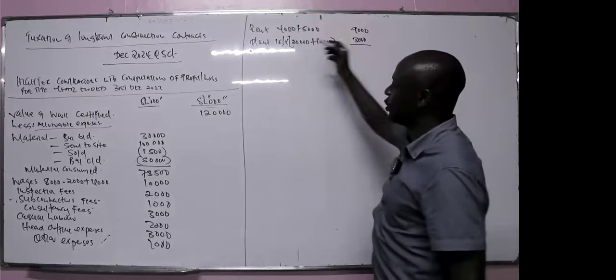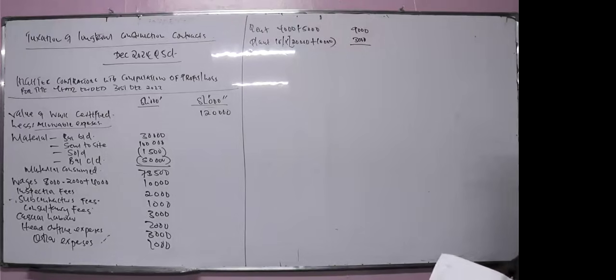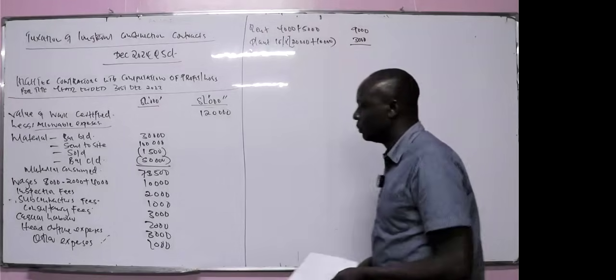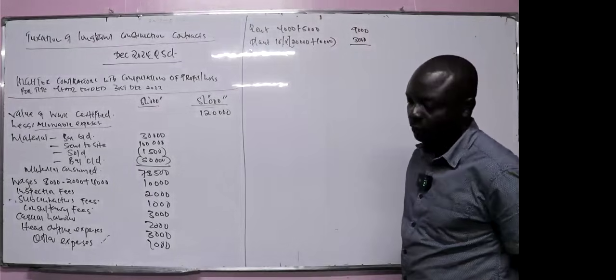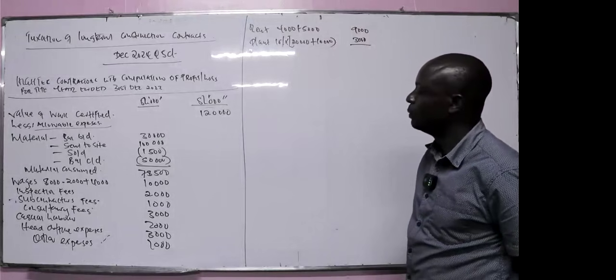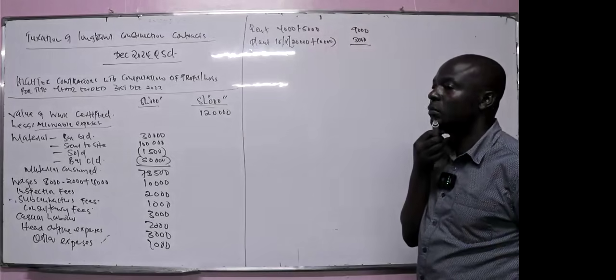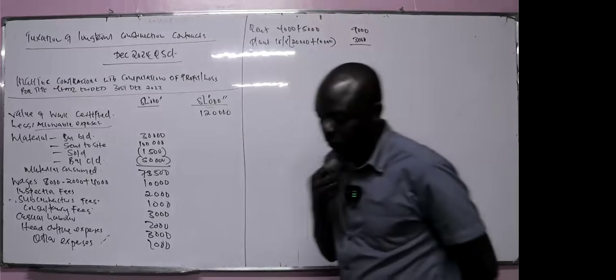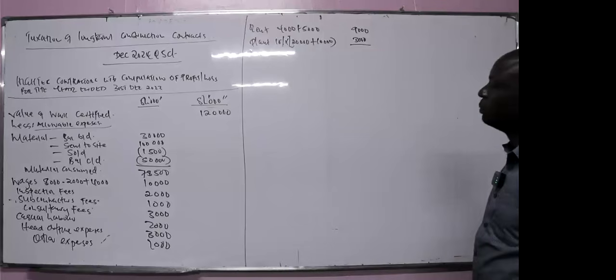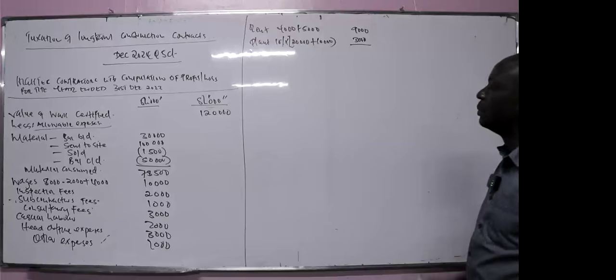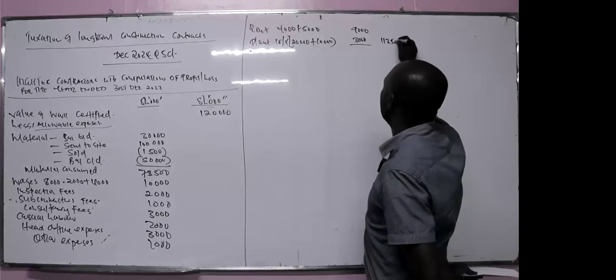So we add all the costs. 113,500, isn't it?